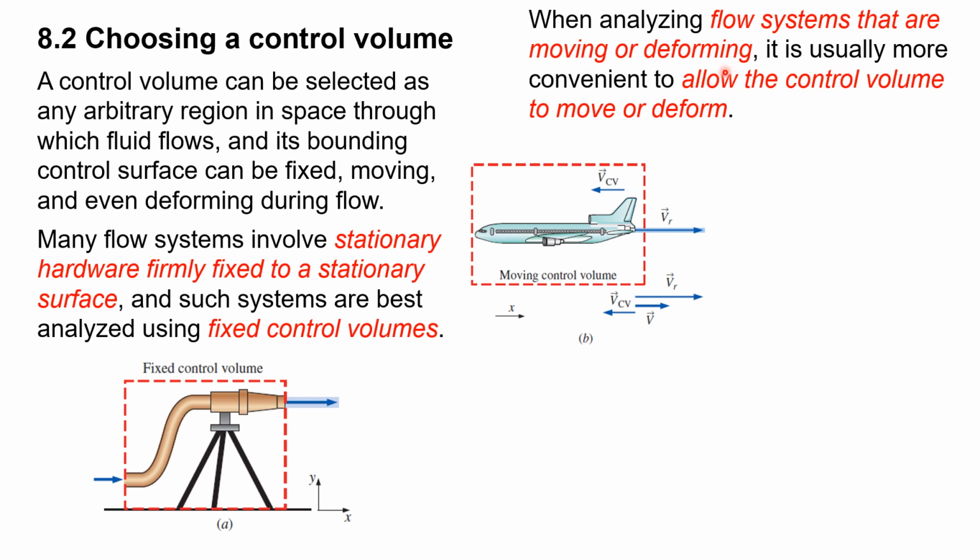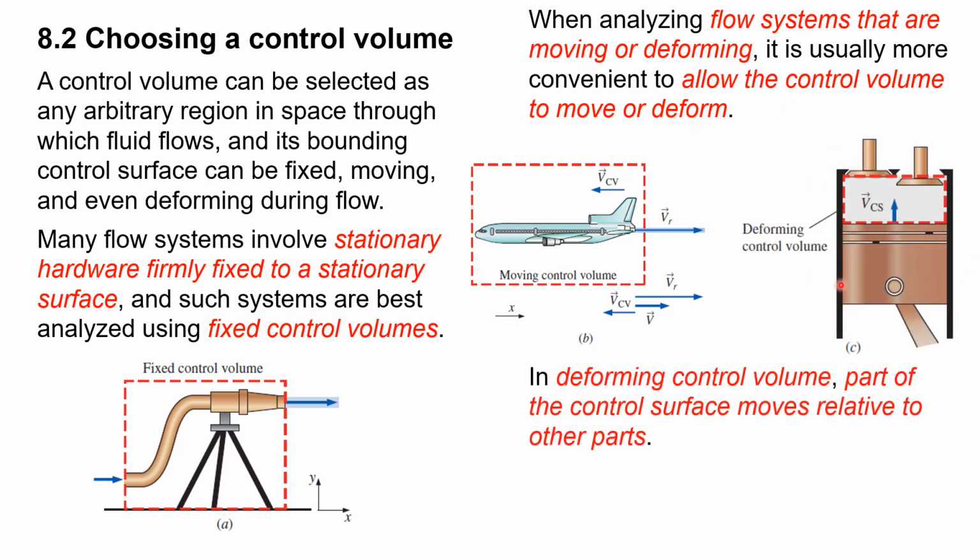In the case of a piston, the control surface is expanding and shrinking, so we consider it deforming. It is usually more convenient to allow the control volume to move or deform. It can be analyzed, but more factors must be calculated in order to understand the analysis.